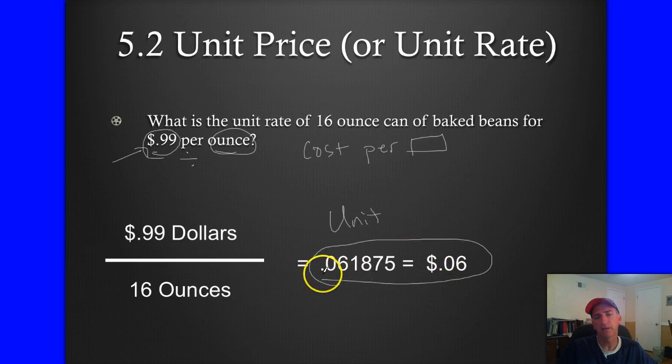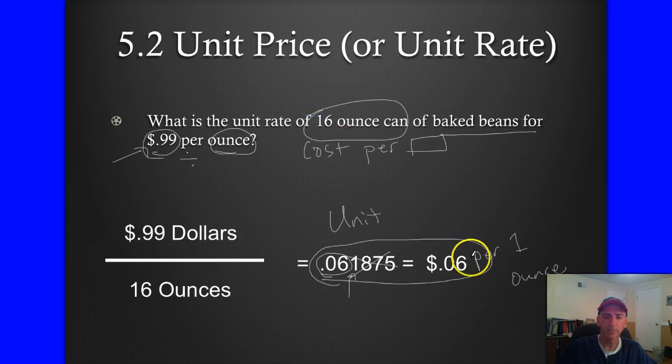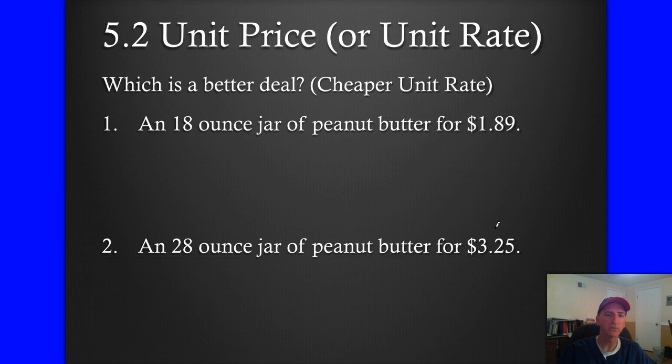About, we rounded it off here, by the way, if you didn't notice that, about 6 cents, because that number is less than 5, so we can just drop that decimal if we round. You're paying about 6 cents per 1 ounce in this problem of baked beans. A 16-ounce can is 99 cents for 16 ounces, so you're paying 6 cents for 1 ounce. So that's the unit rate there.